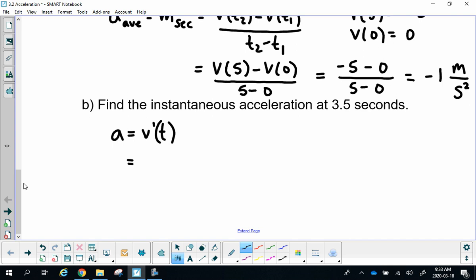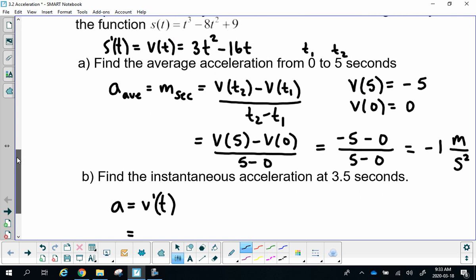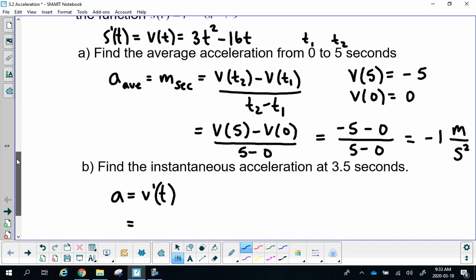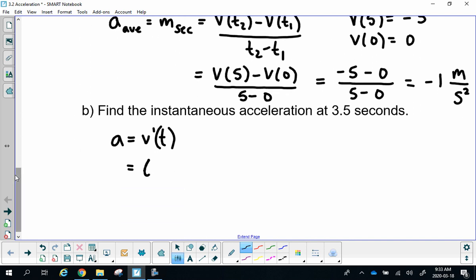So we're going to take that right here. And our derivative of v of t would be 6t minus 16. Okay? And then all I have to do is plug in 3.5.